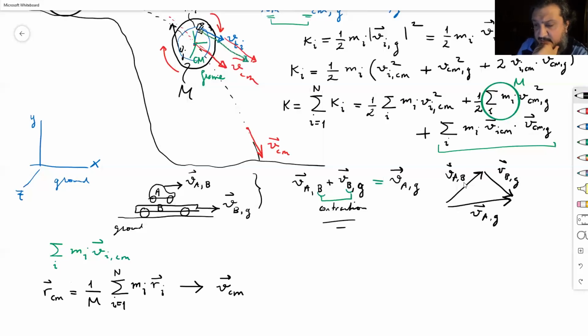Center of mass velocity will be 1 over m, summation of m_i v_i.